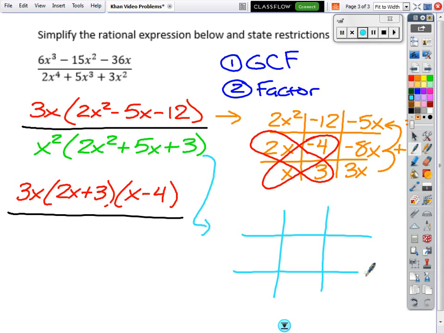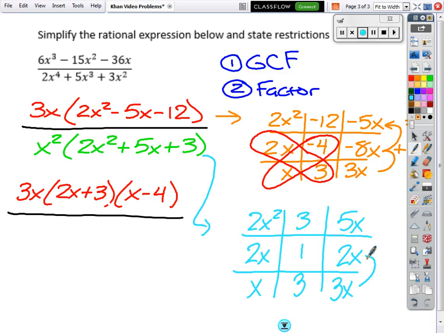So again, I get to set it up. 2x squared, 3, then 5x. So again, 2x squared is going to break down as 2x and x. 3, my only real option for 3 is 3 and 1, or 1 and 3. Multiply across, x times 3 is 3x. Multiply across, 2x times 1 is 2x.